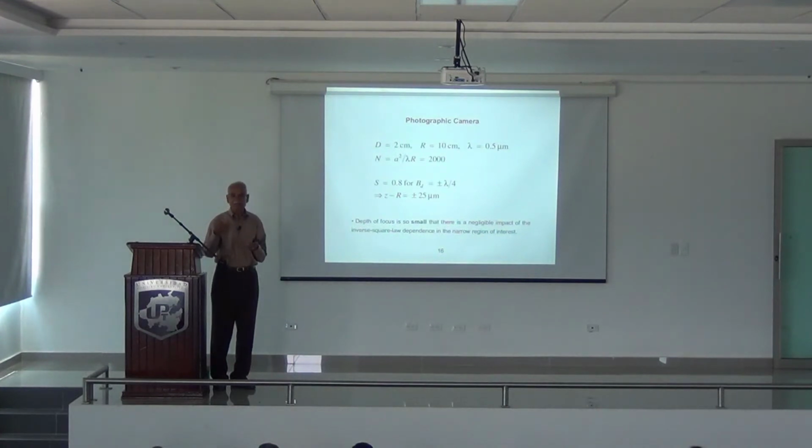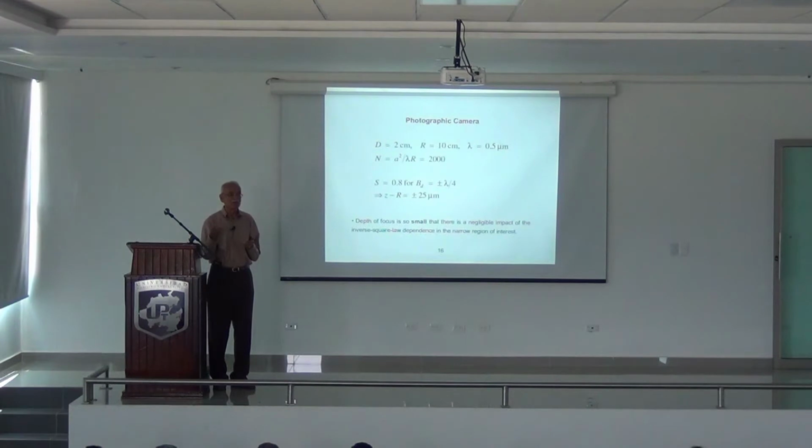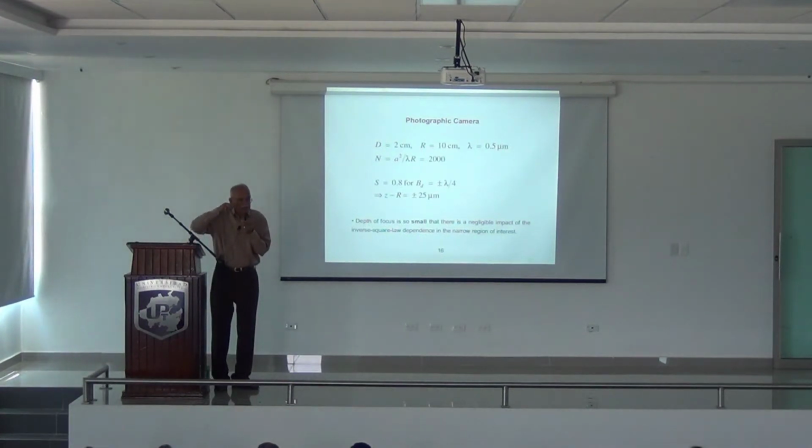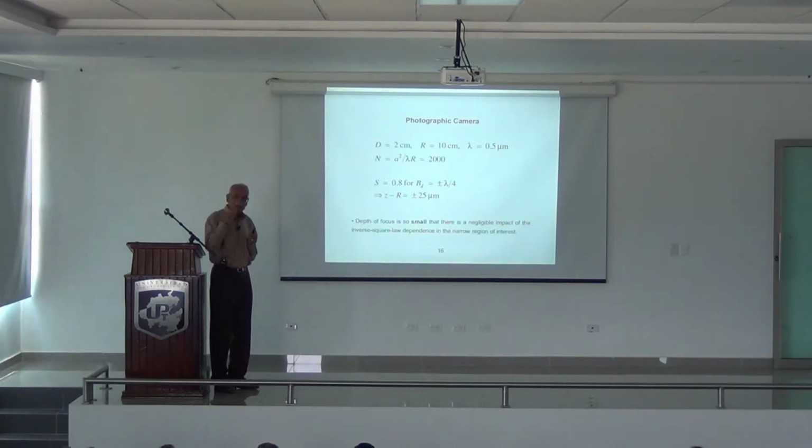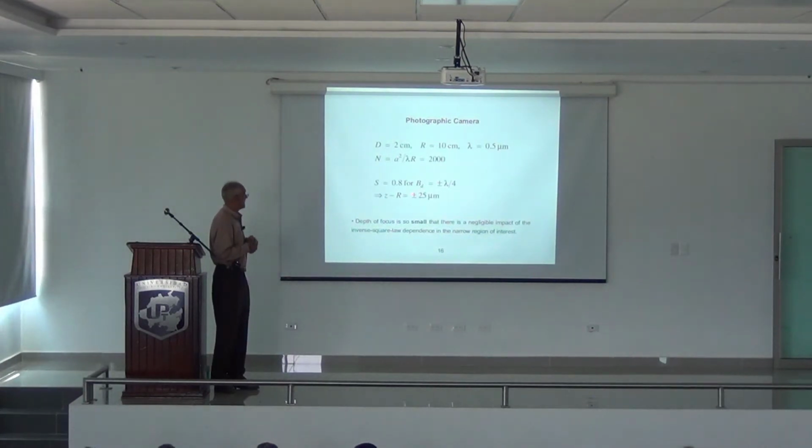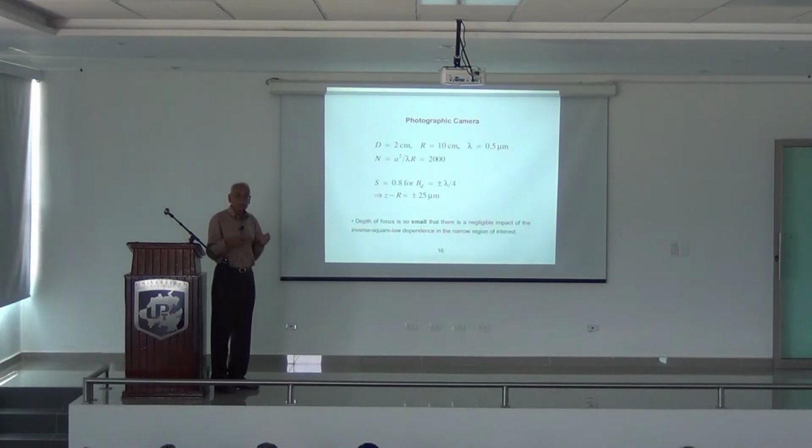Nowadays, all cameras in your smartphones have automatic focus. You never get to experience focusing it. But if you have that opportunity, you will find as soon as you move a little, the picture becomes blurry. Meaning the depth of focus is very small. And here in this example, the depth of focus is only 25 micrometers. Not even a millimeter.